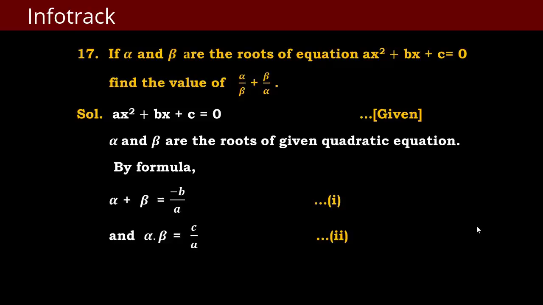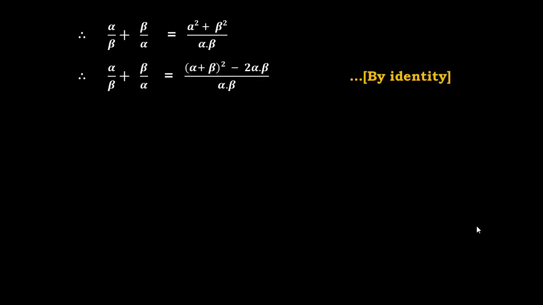Now see, to find the value of alpha upon beta plus beta upon alpha, you can solve this by cross multiplication. You will get alpha square plus beta square upon alpha into beta. Now alpha square plus beta square you can write as (alpha plus beta) the whole square minus 2 alpha beta by identity, upon alpha into beta.